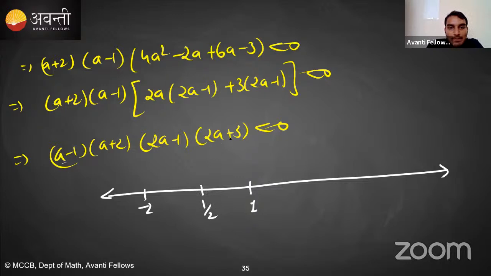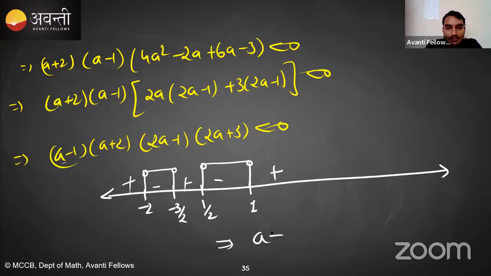And 2a plus 3 is 0 at a equal to minus 3 by 2. Clear? So now mark the signs plus, minus, plus. Greater than 1 is plus, between half and 1 minus, between minus 3 by 2 and half plus, between minus 2 and minus 3 by 2 minus, then plus. So we are interested in the minus region.